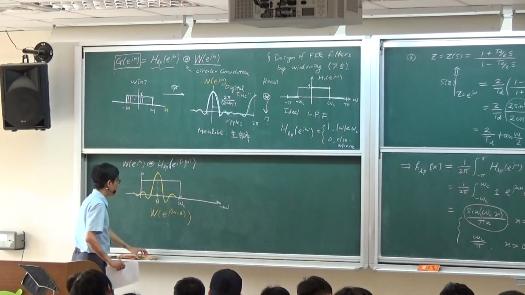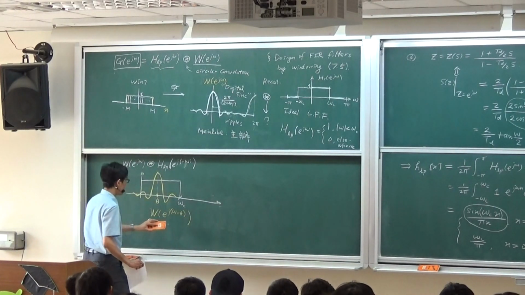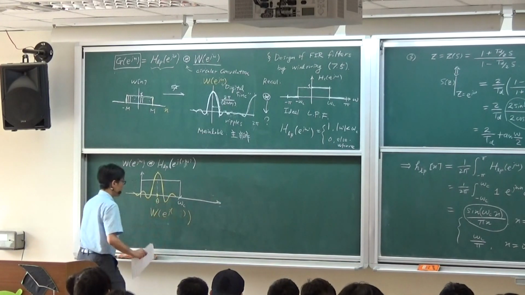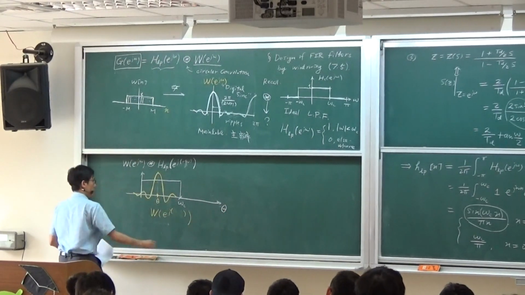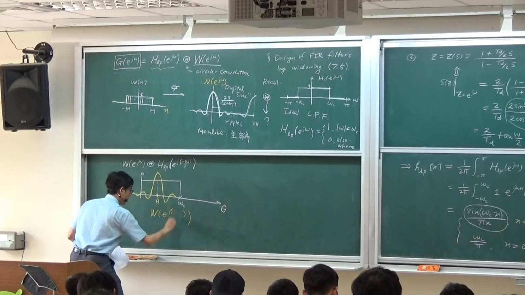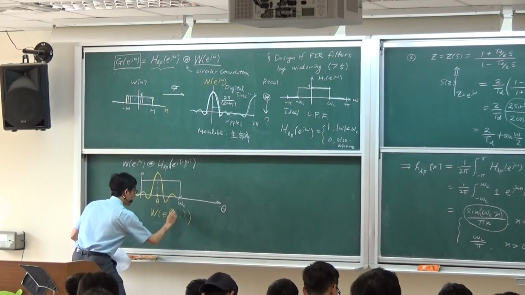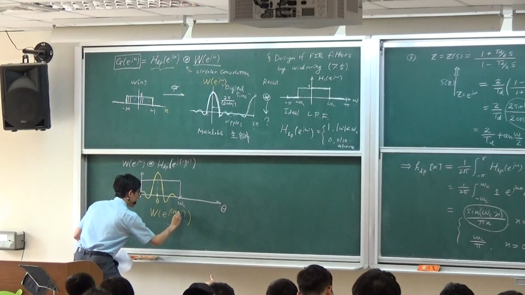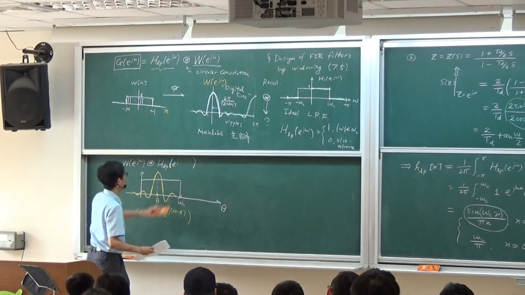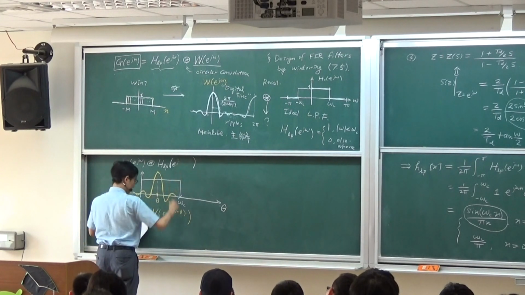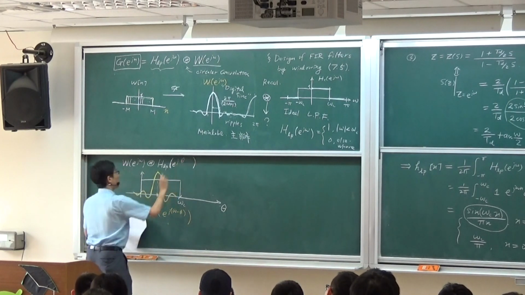No, I'm wrong. So this integral, just keep my notation, this should be theta. And this should be omega minus. Wait. I'm just making a mess. I'm sorry. Okay, convolution.